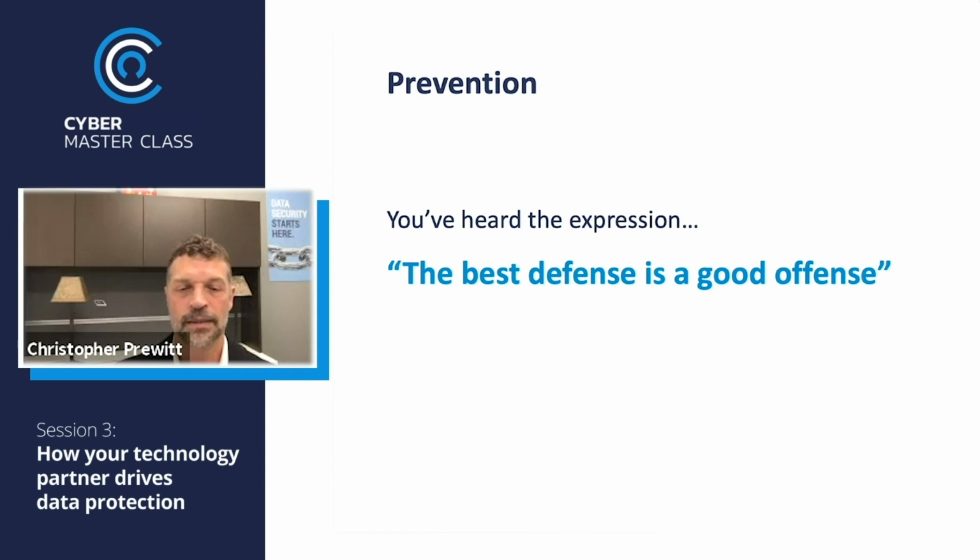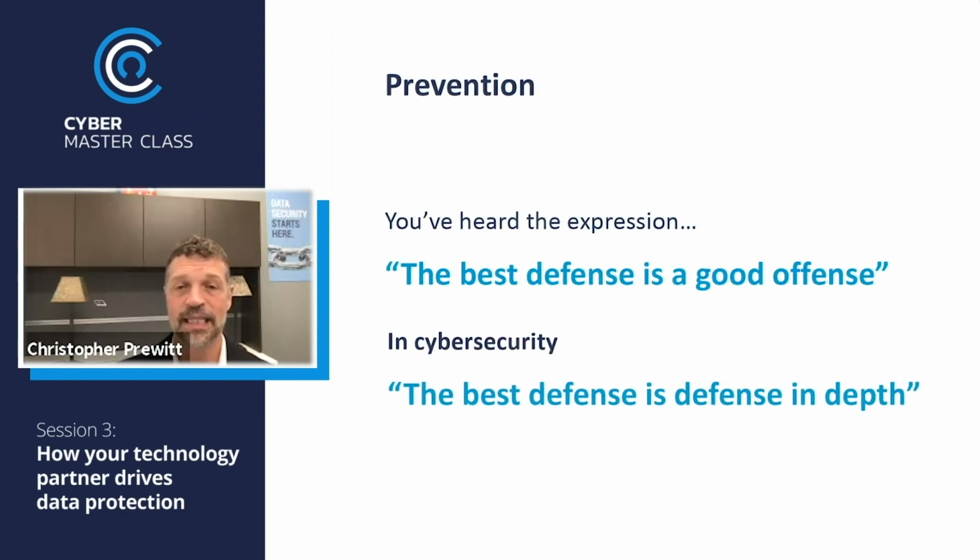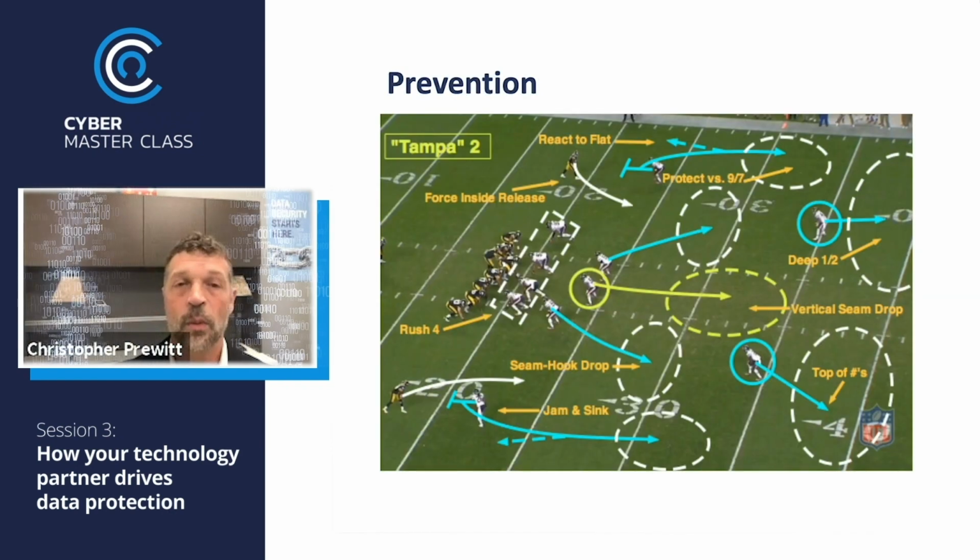If you've seen or played football, you've probably heard the best defense is a good offense. And in cybersecurity, the best defense is defense in depth. And we're going to get into security technology on the prevention side. What we're seeing on the prevention side, a lot of organizations have firewalls, have antivirus, and think they're okay.